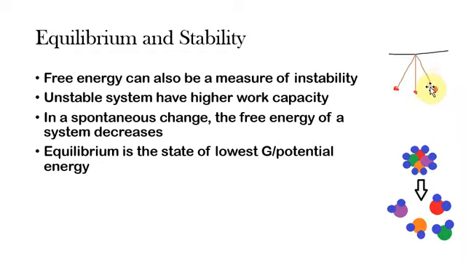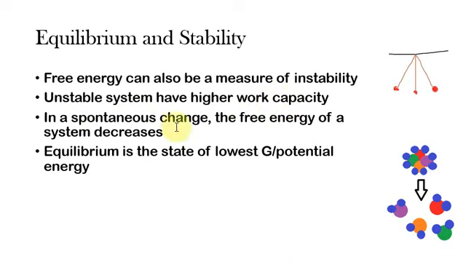And it is also very unstable because it can easily leave that position, leave that state. So you can see that free energy is tied to that instability. Now, there's a thing called work capacity, and an unstable system has a higher work capacity, meaning it can perform more work. Again, this makes sense. If energy is the ability to perform work, and free energy measures the instability of a system, then the more unstable system will be able to perform more work.